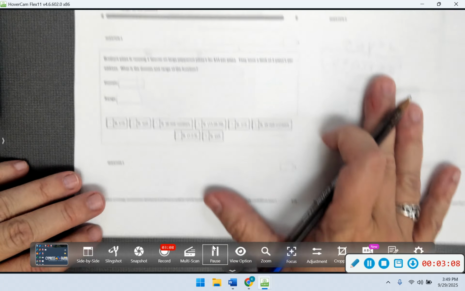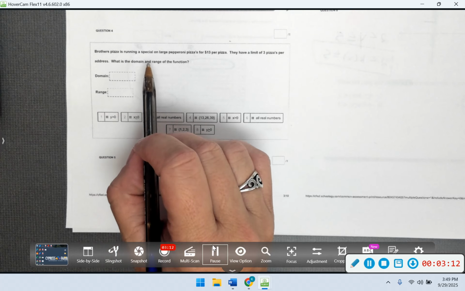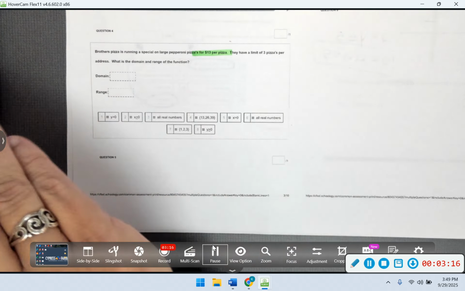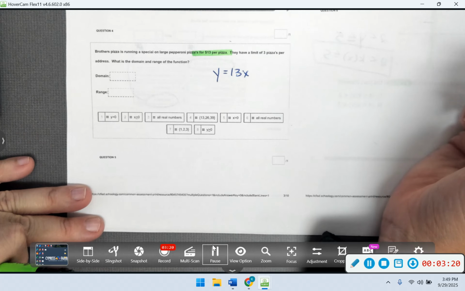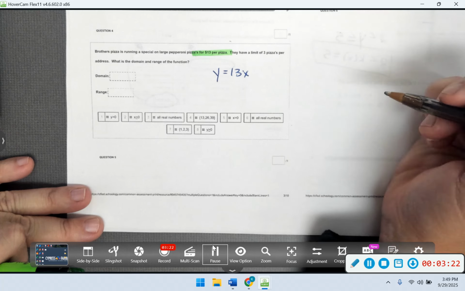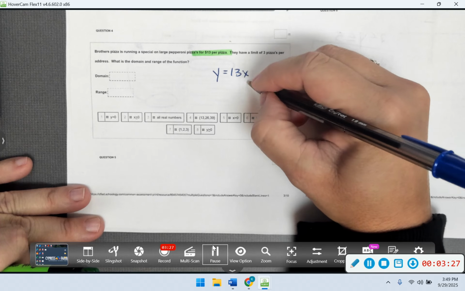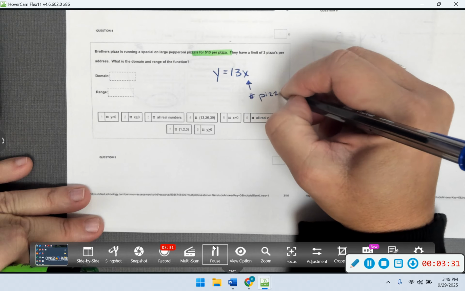Question 4. So Brothers Pizza is running a special on large pepperoni pizzas for $13 per pizza. So if it's $13 a pizza, this is going to be my equation, right? So they have a limit of 3 pizzas per address. So the x of the function is going to represent my number of pizzas, right?